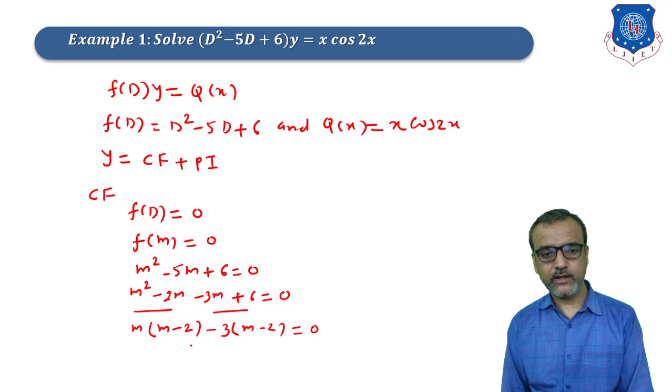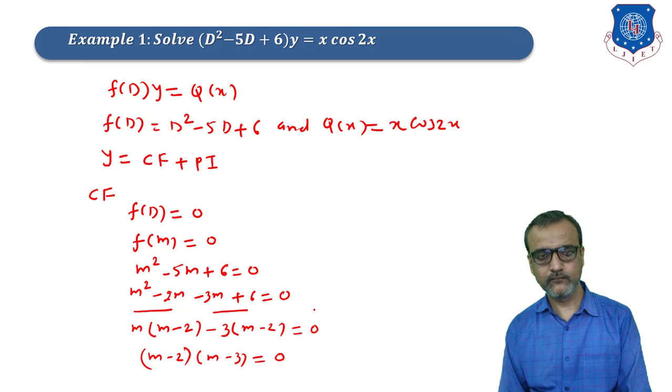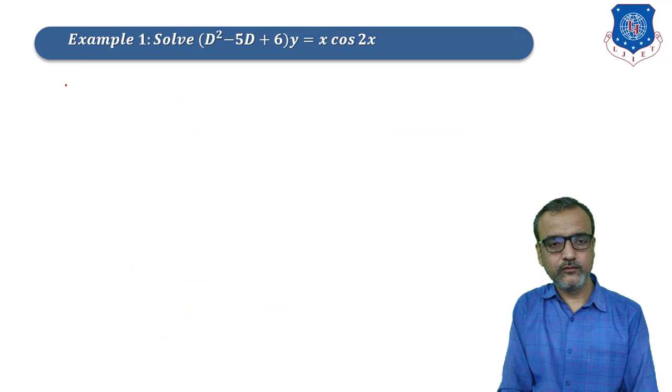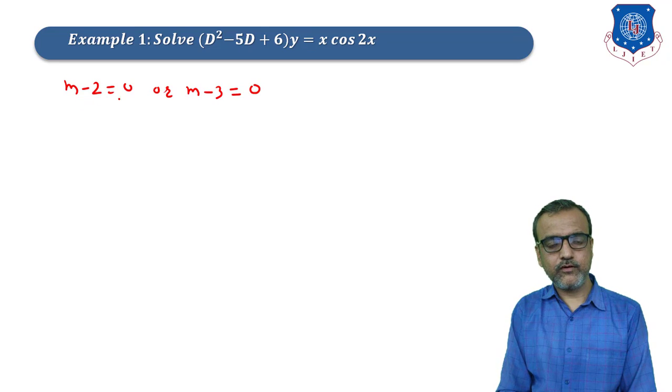Now taking m minus 2 common from this expression, in one bracket we have m minus 2 and in another bracket we have m minus 3, equals 0. So we have m minus 2 equals 0 or m minus 3 equals 0. Now from m minus 2 equals 0 we have m equals 2, and from m minus 3 equals 0 we have m equals 3.